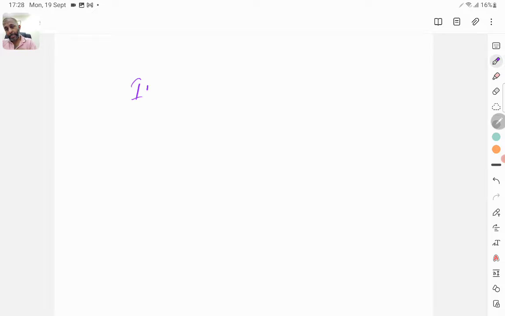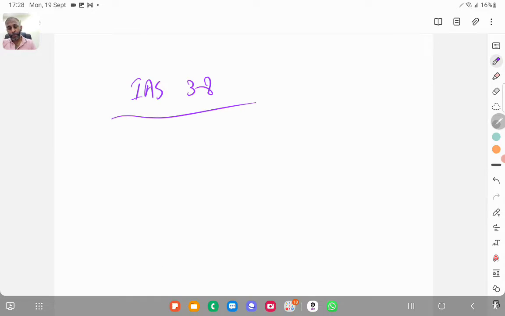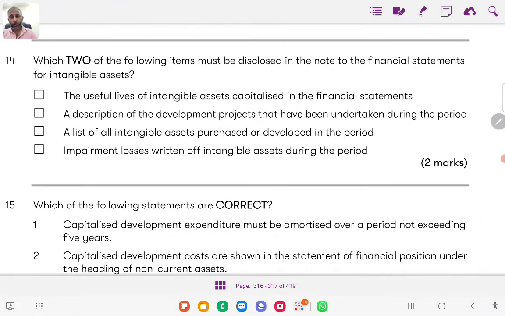So, IAS 38 disclosure requirements. Let's read the options. The first one: the useful lives of intangible assets capitalized in the financial statements. When presenting and disclosing intangible assets, one of the requirements of compliance with IAS 38 is that we have to specify the useful lives of intangible assets.